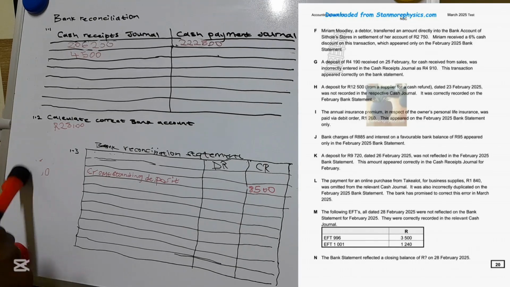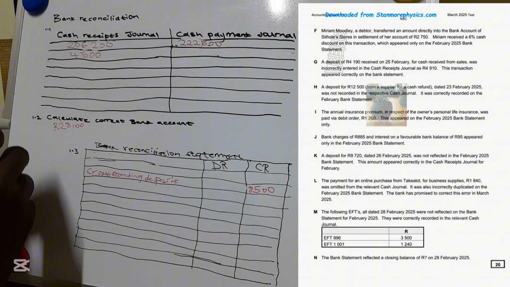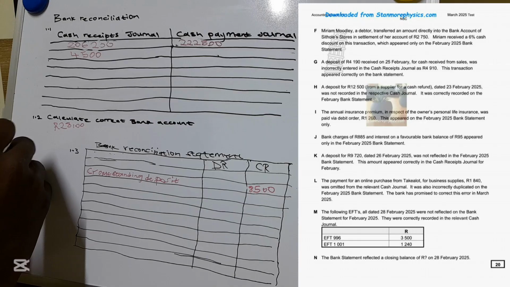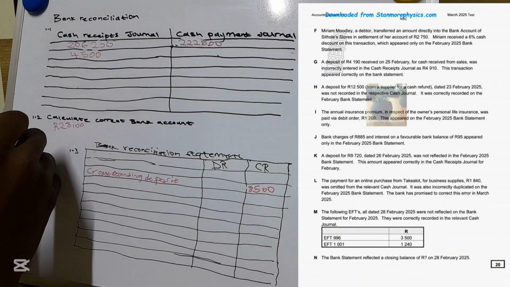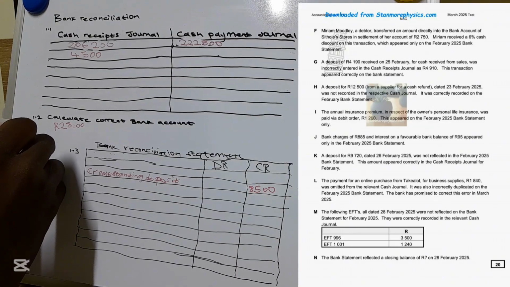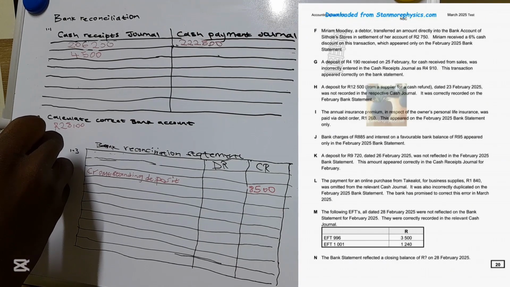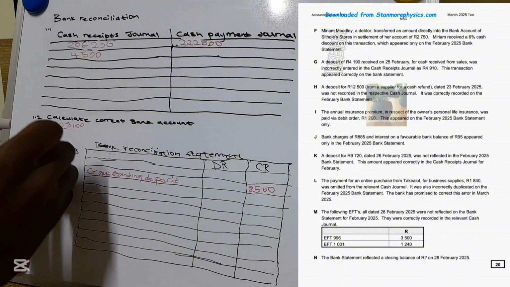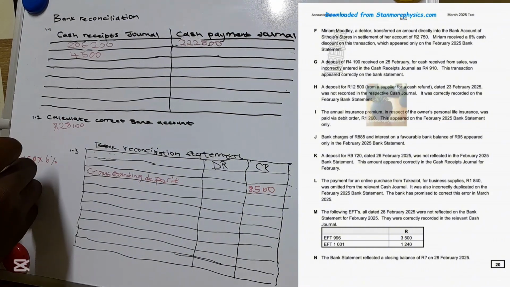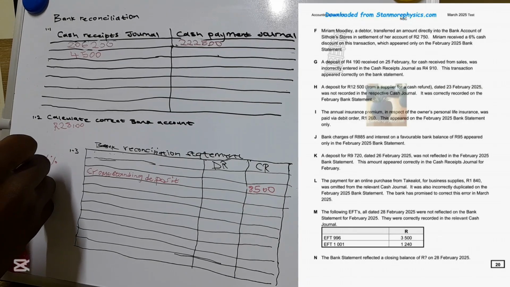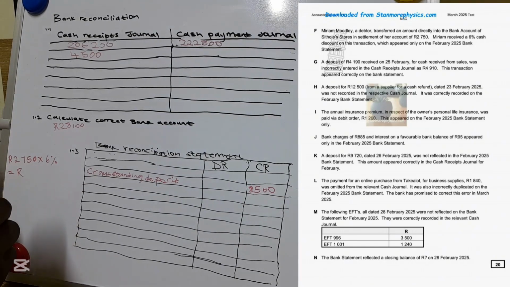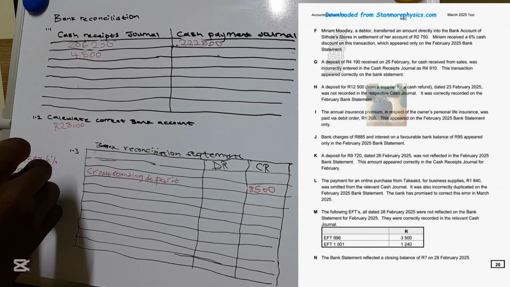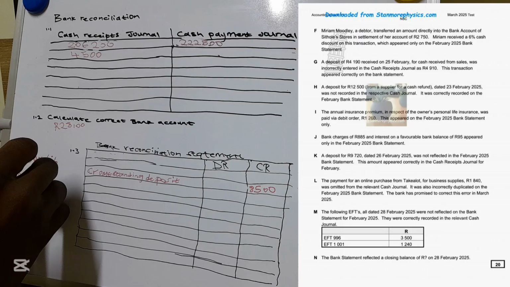So here we're gonna say 2,750 multiplied by 6%, which is going to give us 165.